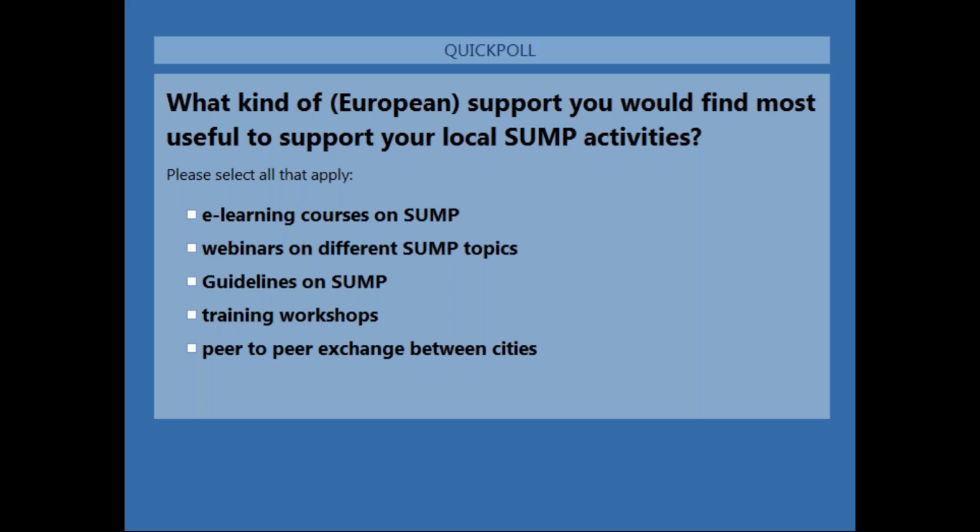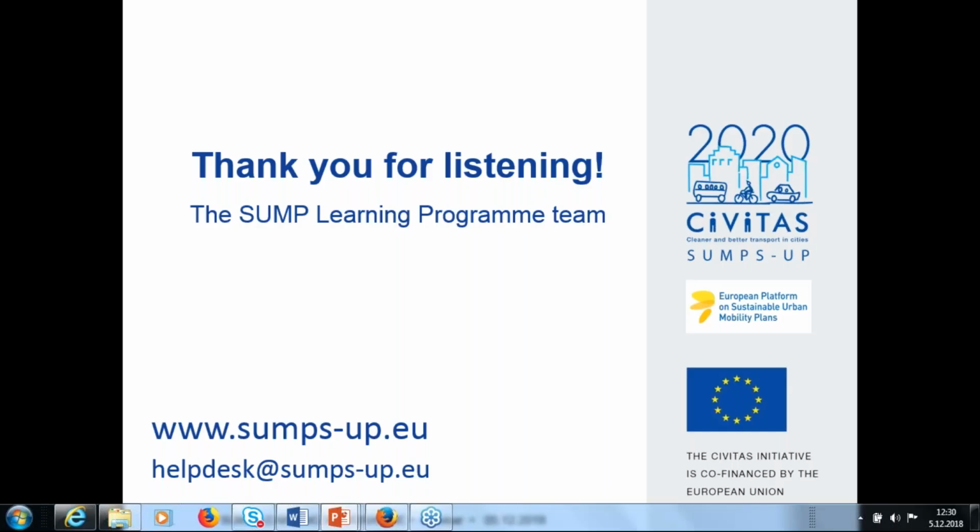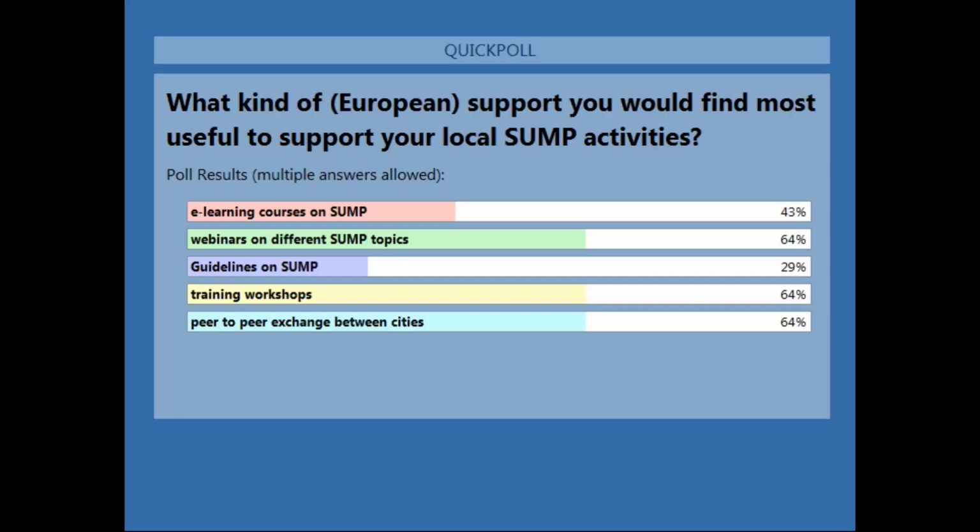Couple of seconds still. I think I can close now and share. So we have here 64% for all webinars, training workshops, and peer-to-peer exchange. 43% e-learning, and then the guidelines on SUMP.